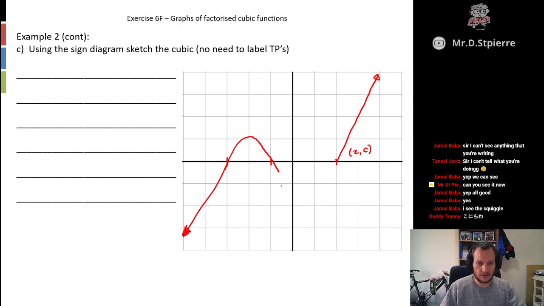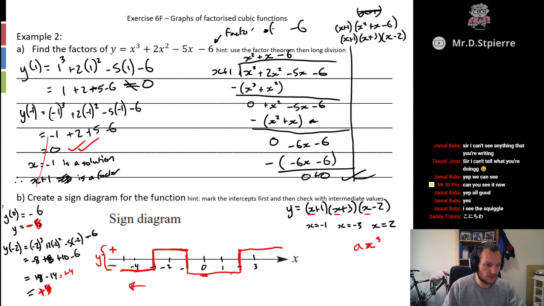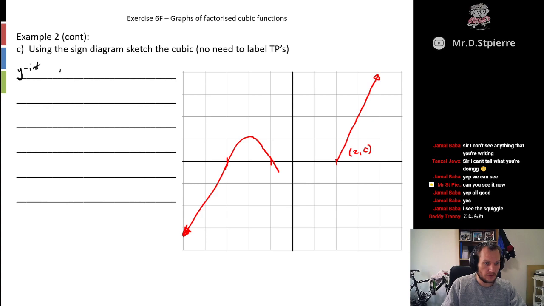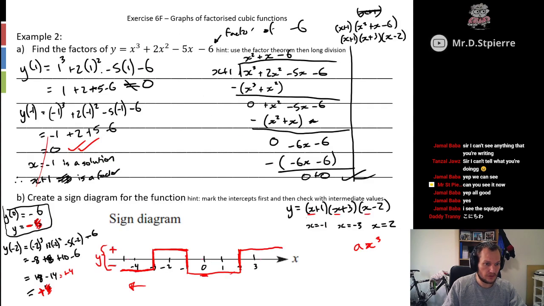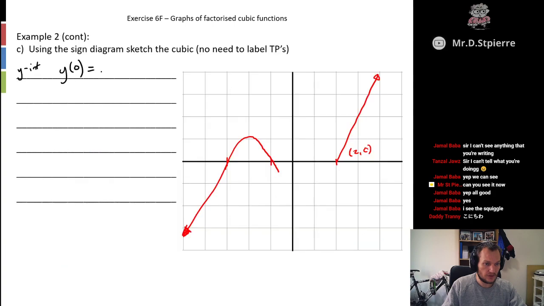And the last thing would be drawing in this final connection, but I'm not going to draw it in until I know the very last thing, my y-intercept. Let's find my y-intercept, and I actually already found it because I did y equals 0 back here. When x is 0, y equaled -6. So 1, 2, 3, 4, 5, 6, way down here.